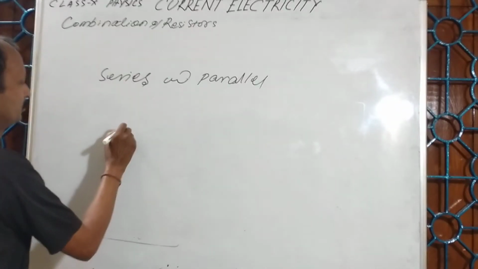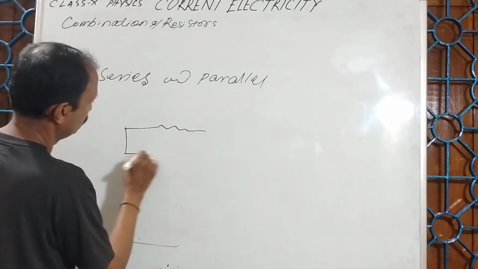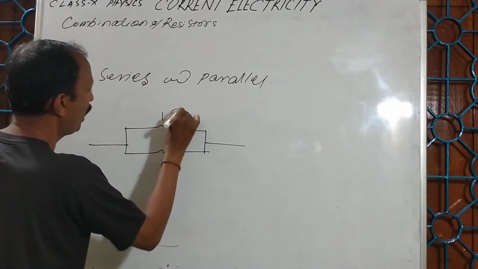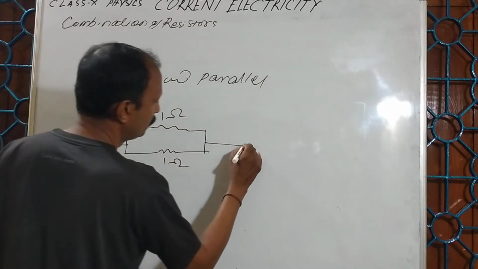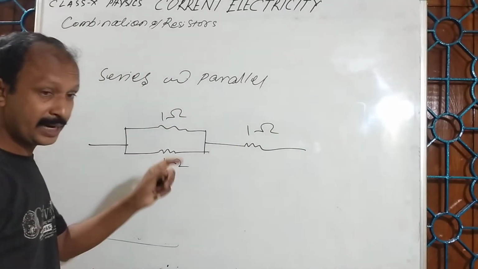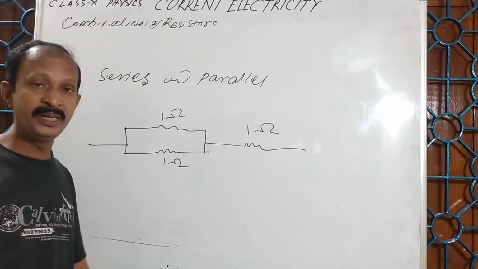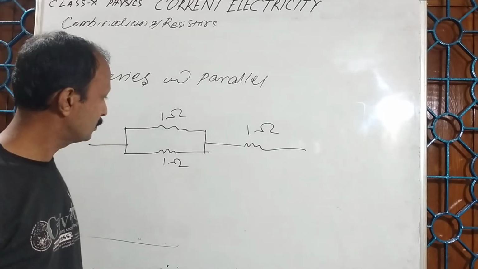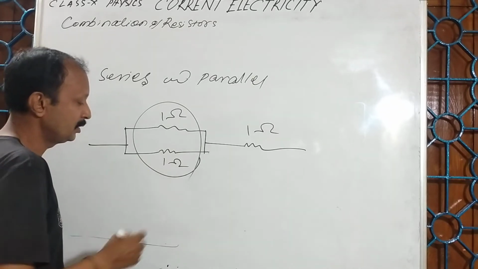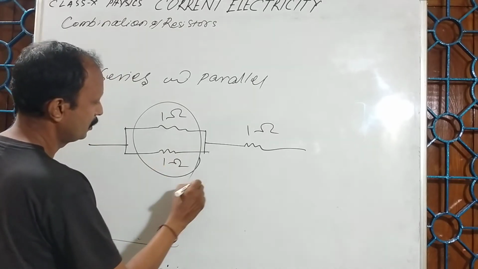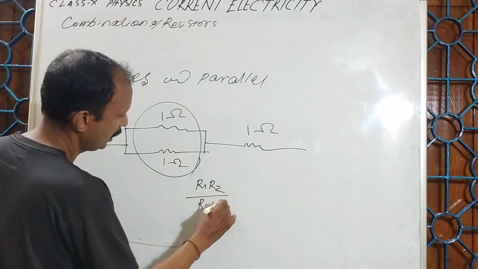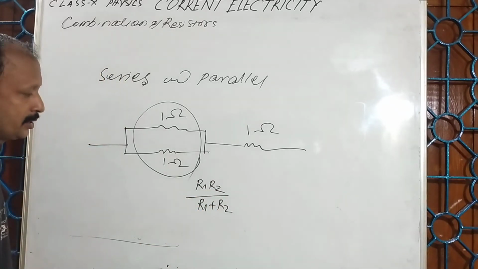See, for example, here there are three resistors. This is 1 ohm, this is also 1 ohm, this is also another 1 ohm resistor. They are connected this way. Then what will be the combined resistance? These two are in parallel. Listen carefully.